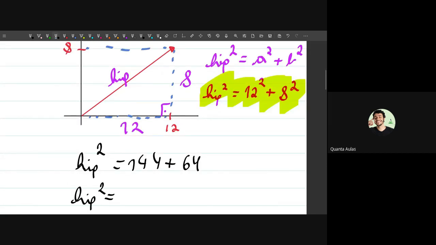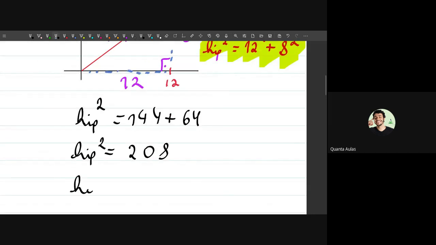So 208, right? Yeah. Now you can use your calculator to do this square root, okay? Do you know what you need to do? Yeah. Square root. Okay. So it equals 4 square root 13. Sorry?